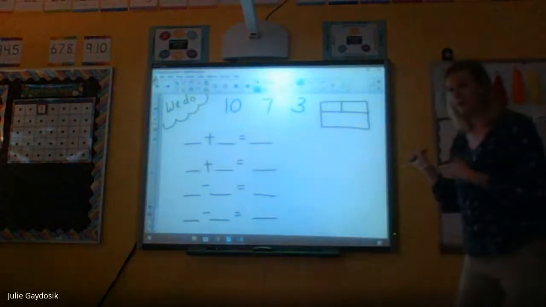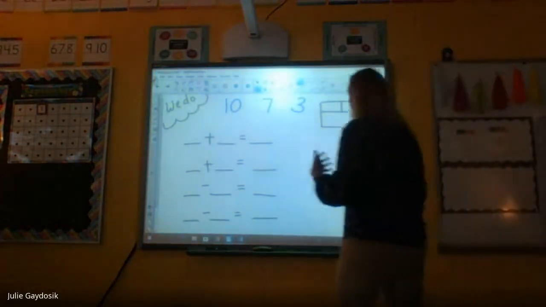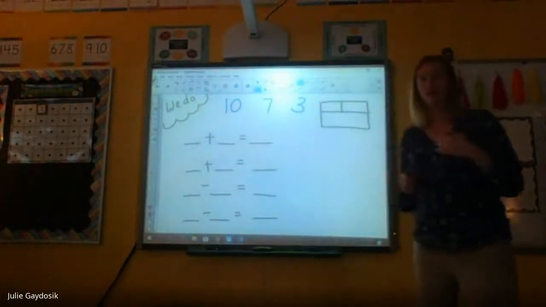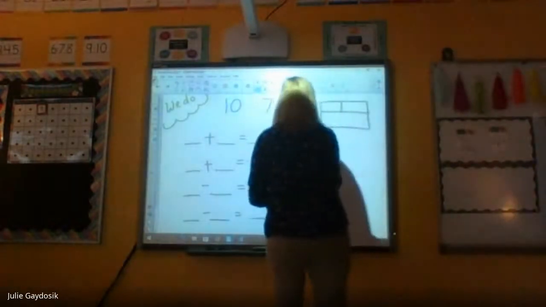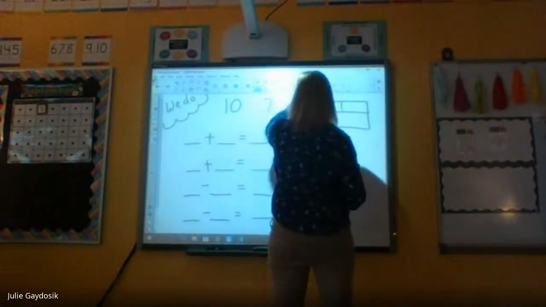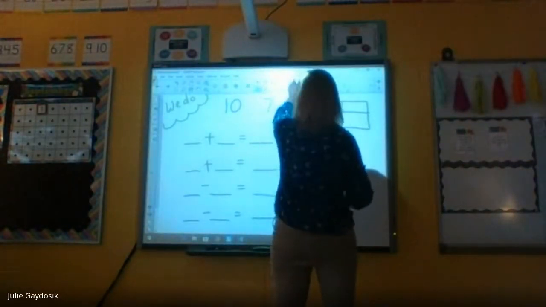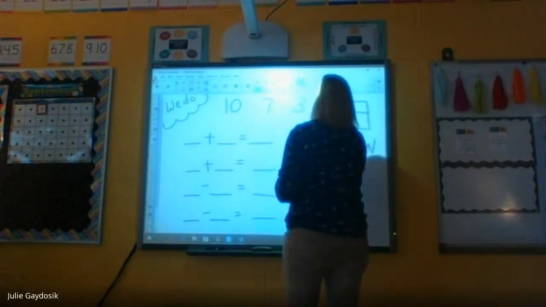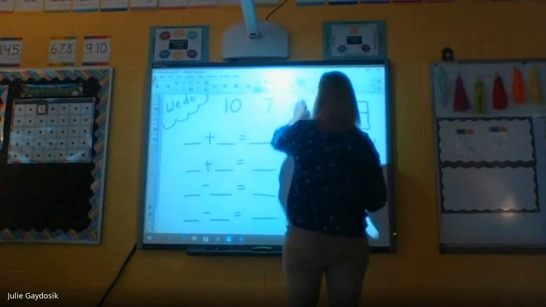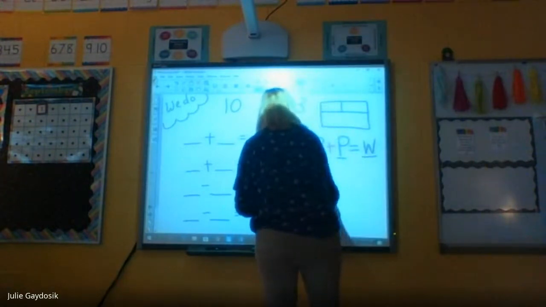Right? There's my part whole chart. And I'm also going to make my part plus part equals whole equations, right? So I'm going to put part plus part equals whole. So I know where they are, right? And then I'm going to do my subtraction.